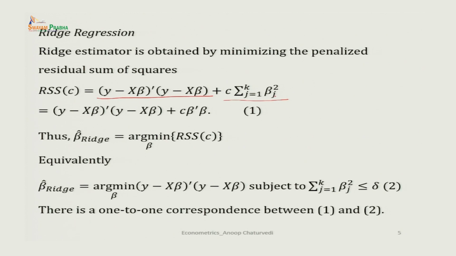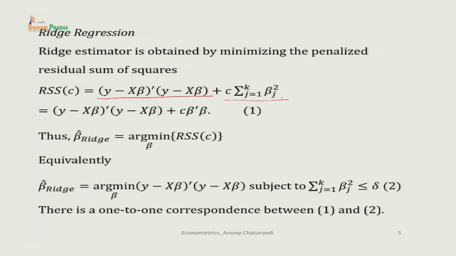If beta j square is large, then this term increases, so it gives more penalty to larger values of beta j.